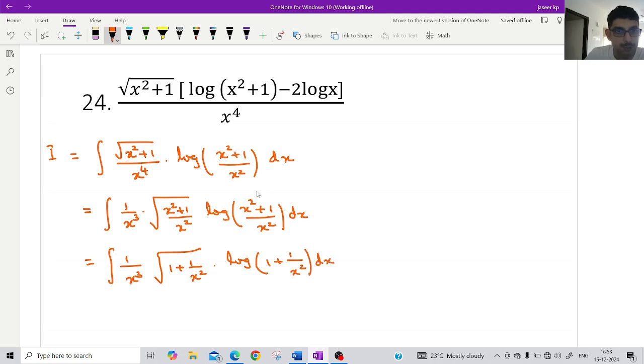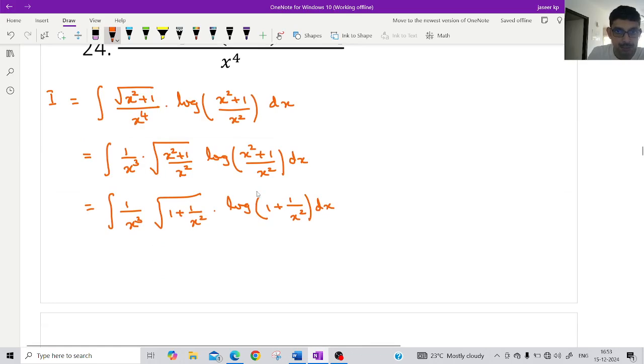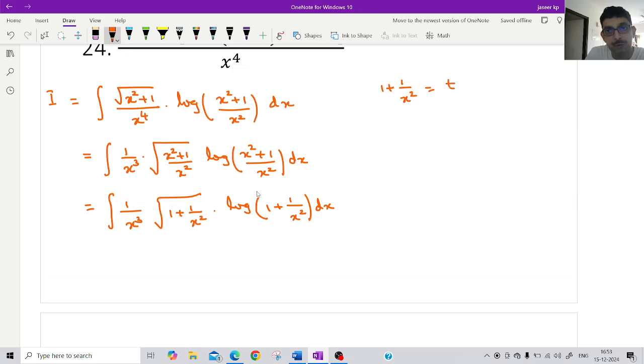Now we are doing it by substitution. The substitution is 1 plus 1 by x square equal to t. So when you differentiate this, minus 2 by x cube dx equal to dt. So that means 1 by x cube dx equal to minus 1 by 2 dt.